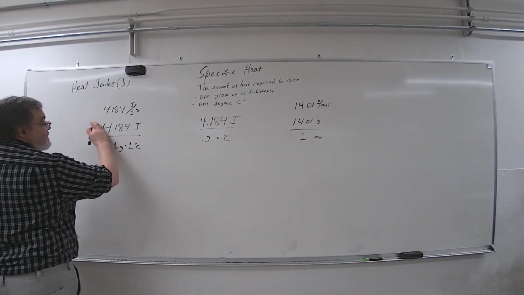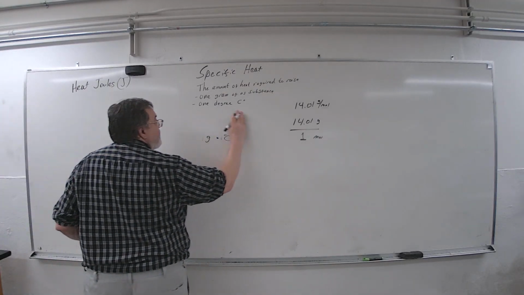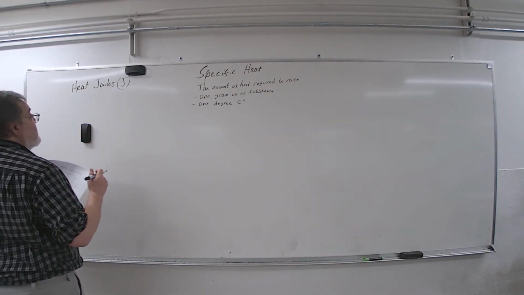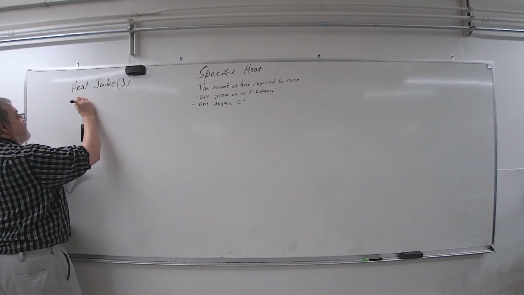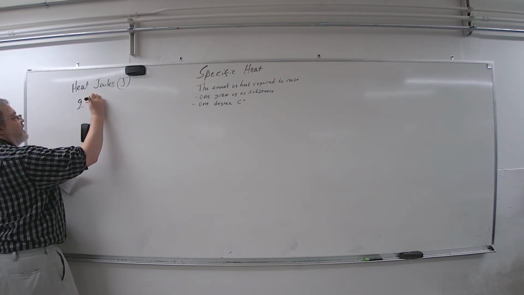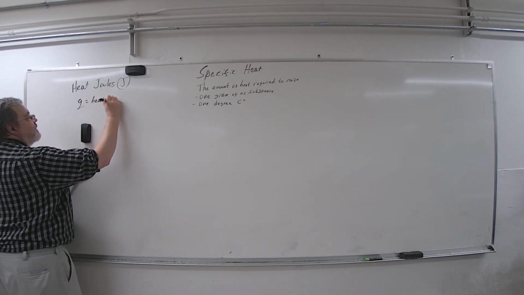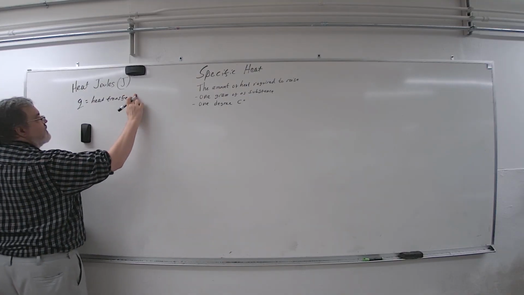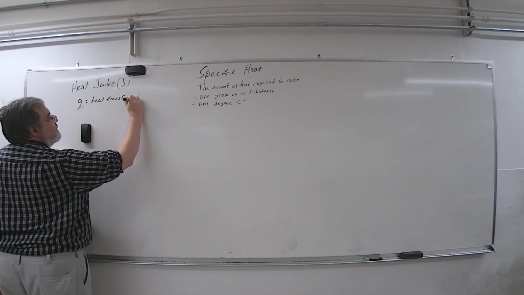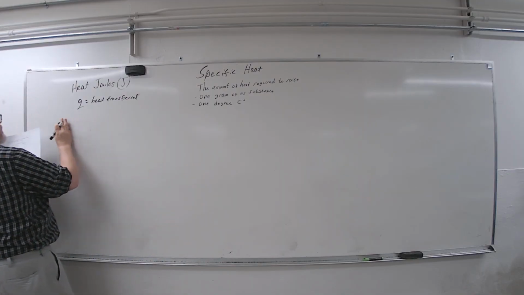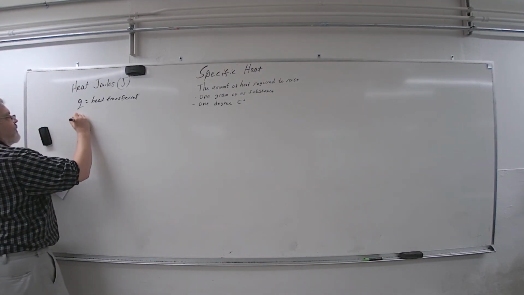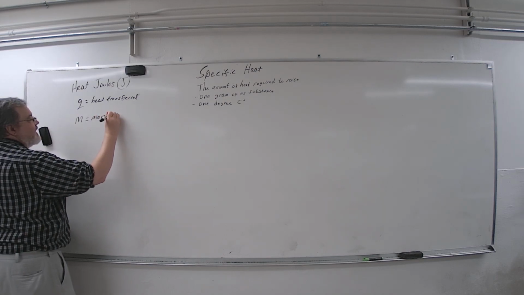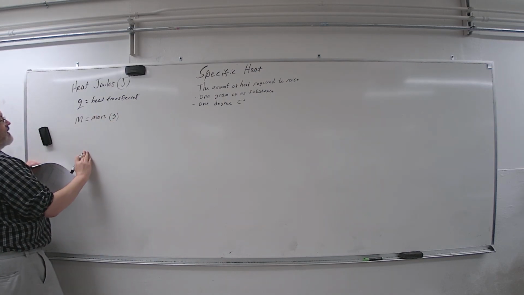And the way this is usually depicted is we use Q as just a symbol we use for the heat transfer. M equals mass, that is grams in the units we'll use.